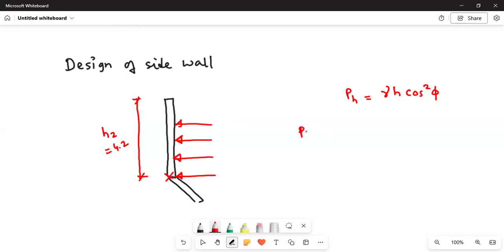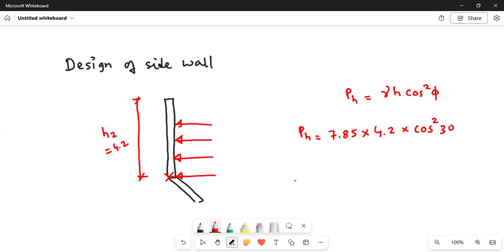pH equal to gamma, 7850 Newton, which can be converted into kilonewton, 7.85 kilonewton per meter cube, into H. H is 4.2, that is H2, the height of the side wall, into cos square phi, where phi is 30 degrees as given in the problem.